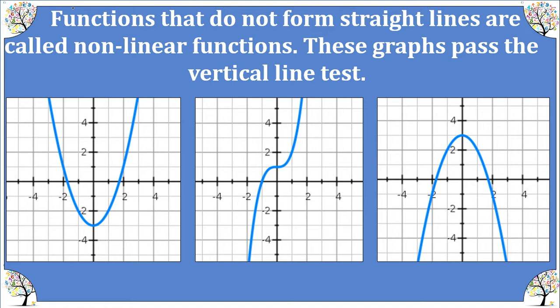Functions that do not form straight lines, these are all functions, but they do not form a straight line. These are non-linear functions. These graphs do pass the vertical line test, making them functions, but they're just not linear.